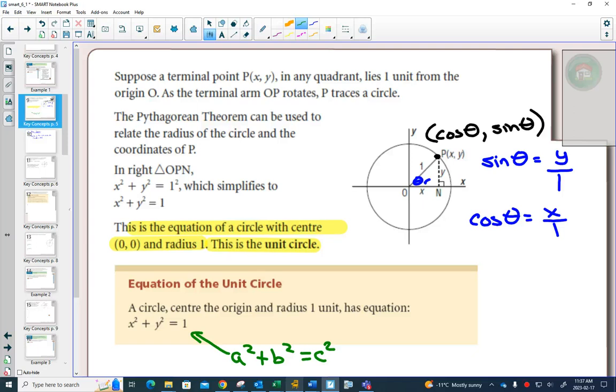And now, if x squared plus y squared equals 1, and your x coordinate is cos, and your y coordinate is sine, we could replace the x with cos.